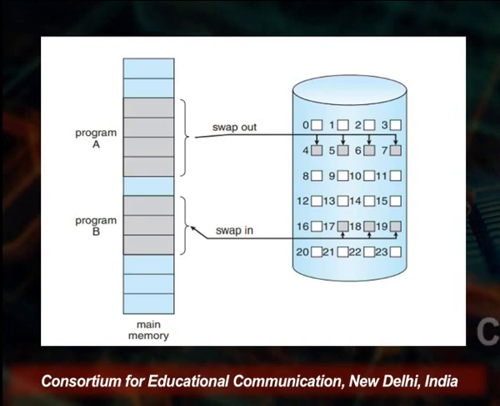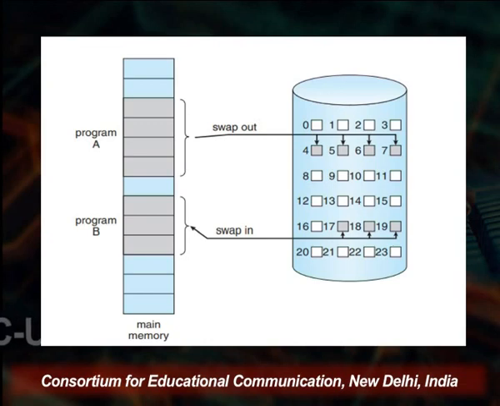Now what is actually happening here? As and when the pages are required, they are being swapped in and swapped out from the memory. So the question comes up: how is it taken care of which pages are available inside the memory and which pages are available inside the disk? Here we need some kind of hardware which is going to set a bit.